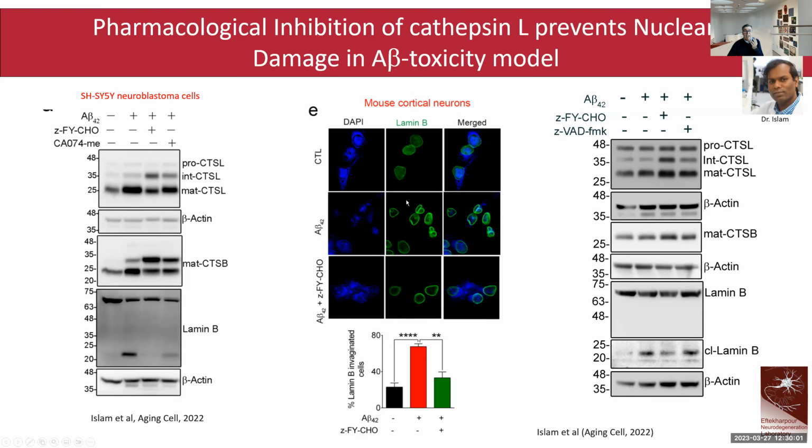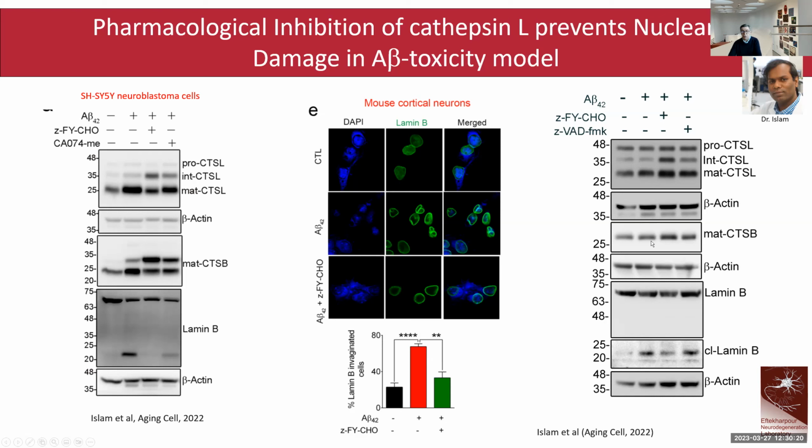Amyloid beta is added to the cells, and then we look at nuclear lamina damage. We can see huge invagination of the nuclear lamina, and using a cathepsin L inhibitor, we are able to prevent that and decrease it significantly.